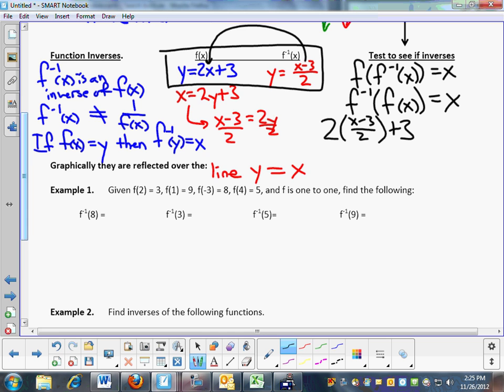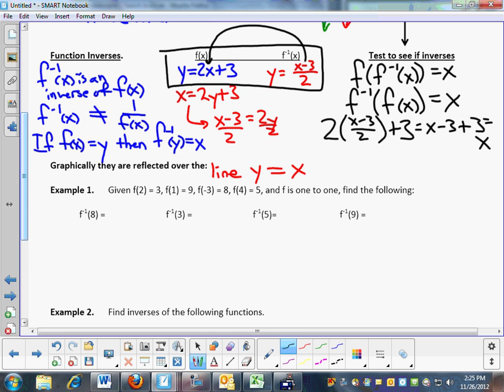The 2 times the 2 over the 2 cancel, right? And I get x minus 3 plus 3. What happens to the minus 3 and the plus 3? They go away and you're left with x. So we tested it one way and we got out x. So that's good news.